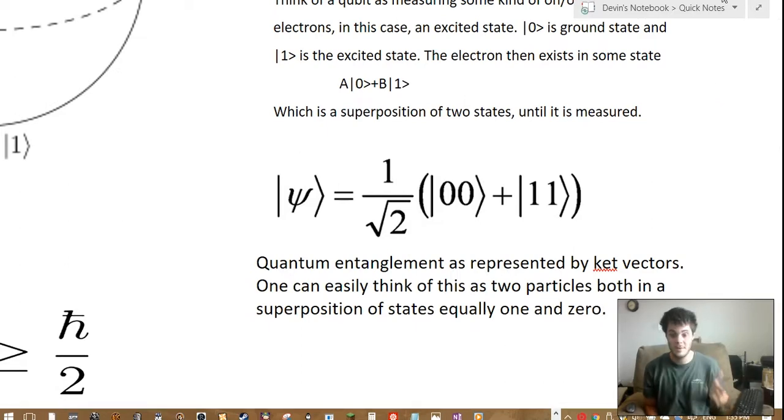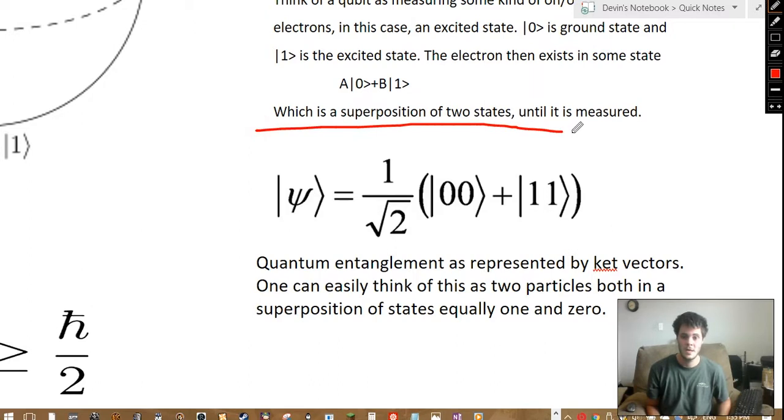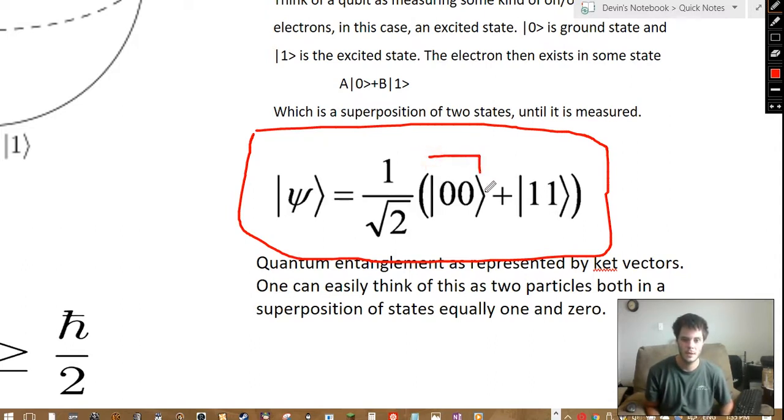But first I want to talk about superposition, because it's another special state. So we're going to draw a little box around this. Now you have this idea where you have 2, so it's not just 0, it's double 0. That means you have 2 states that are overlapping and entangled.